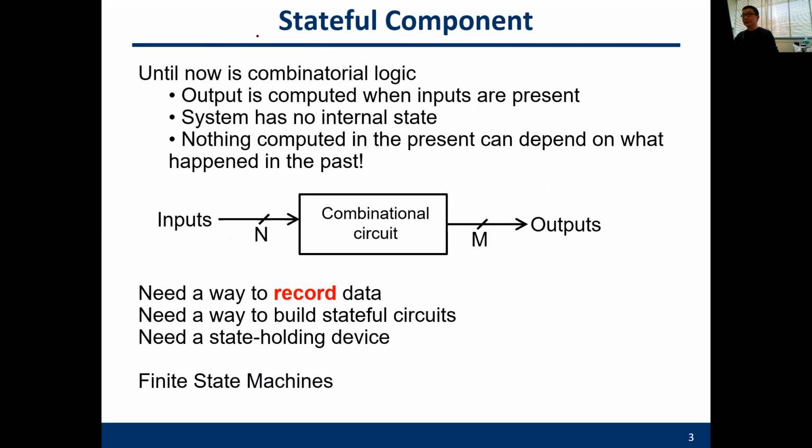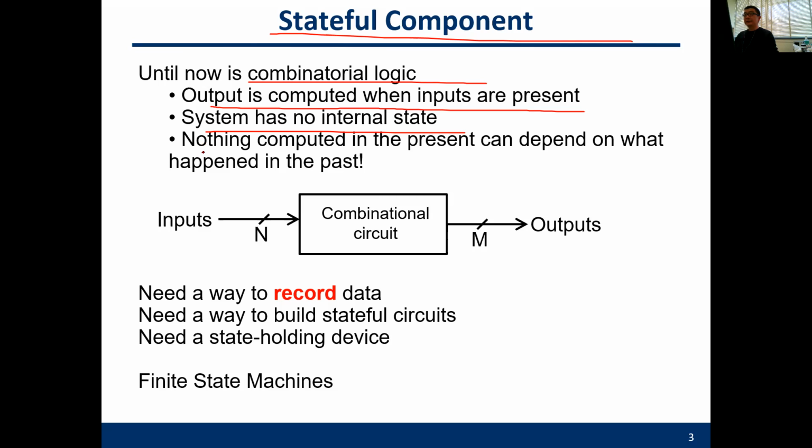We need some stateful component which can help you to record something. Before that, we only have combinational logic. Output is computed when the inputs are applied. The system has no internal state, so there's no clock, there's no finite state machine, only very simple gates.